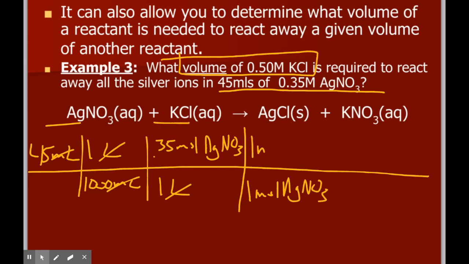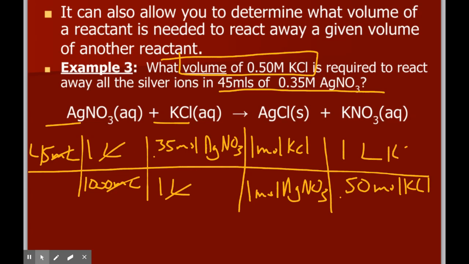For every 1 mole of KCl. So now we're given the concentration of KCl, and we want to know what volume we would need for that. So moles is going to go on the bottom. It's going to be 0.5 moles of KCl in every 1 liter of KCl. Right?